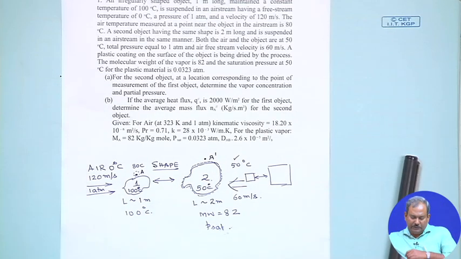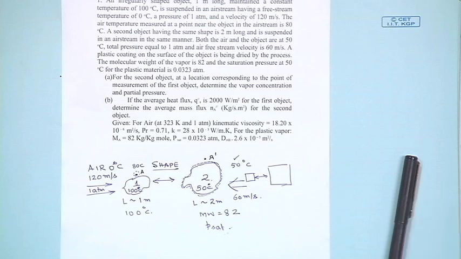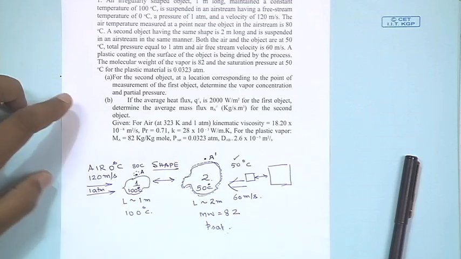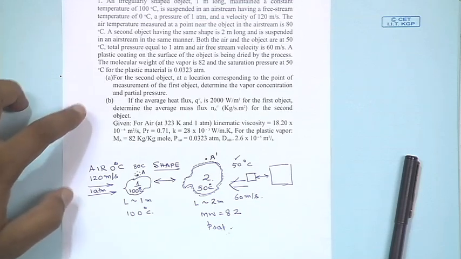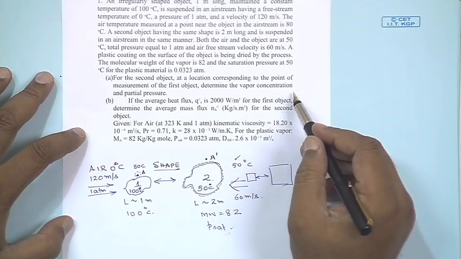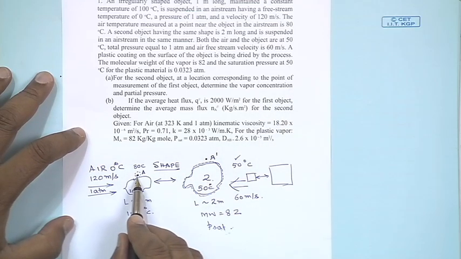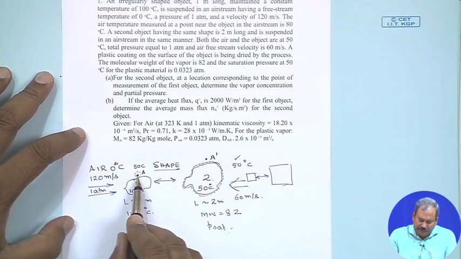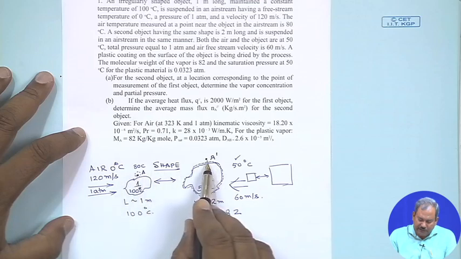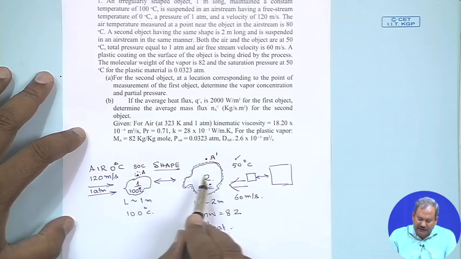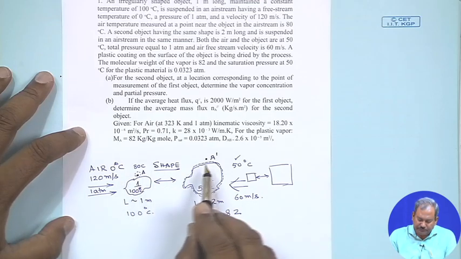Your job is to find out, without performing any mass transfer experiment, what is the vapor concentration and partial pressure. So, at point A you measure the temperature, and the corresponding point is A prime on the scaled up object.